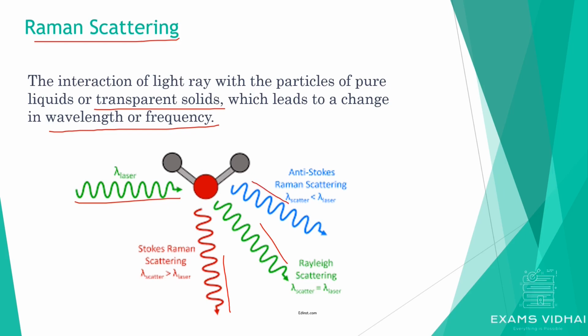When the wavelength of the scattered light is greater than the wavelength of the incident light, it is called Stokes-Raman scattering. When the wavelength of the scattered light is equal to the wavelength of the incident light, which is here the lambda of laser, then it is called Rayleigh scattering. And when the lambda of the scattered light is less than the lambda of incident light, then it is known as anti-Stokes-Raman scattering.